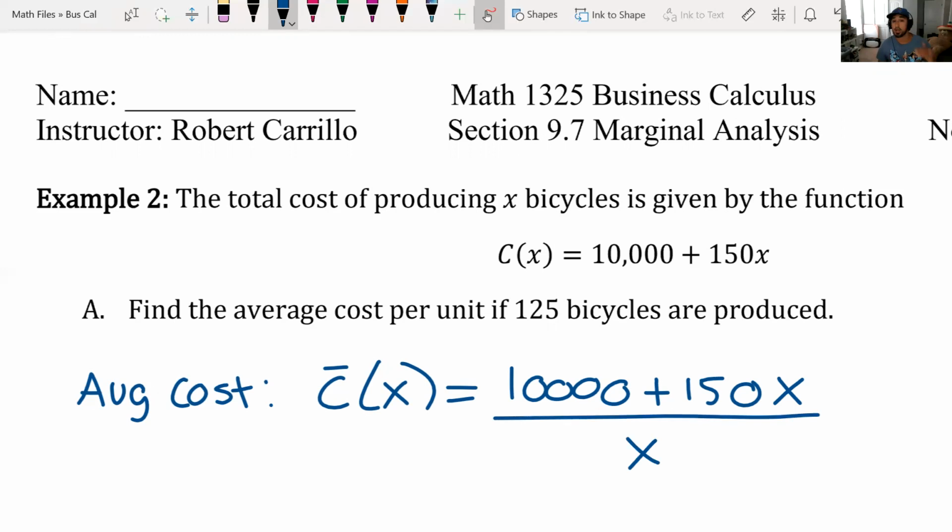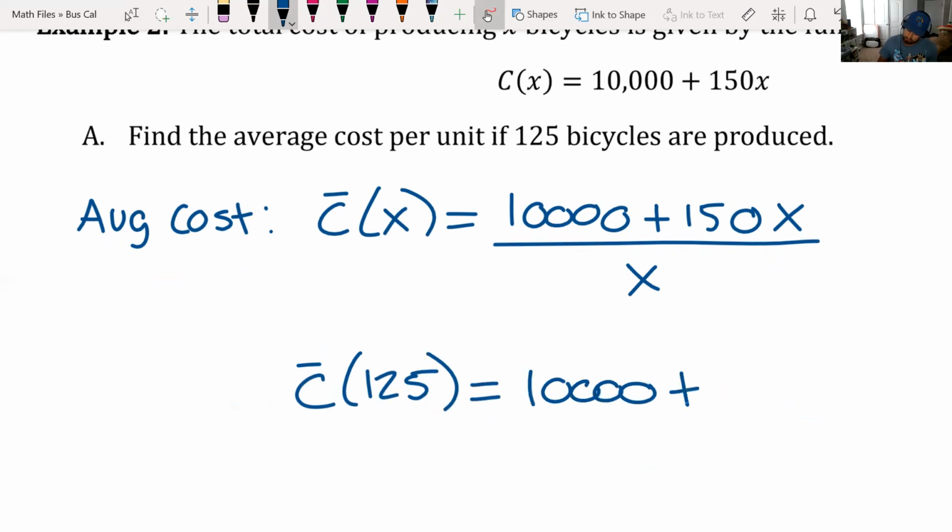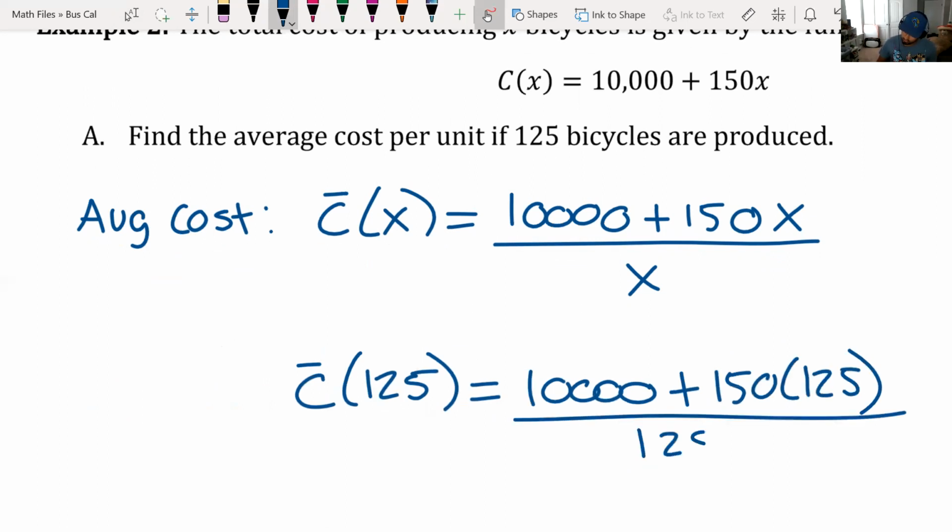So there's the average cost function, and now it wants to know what is the average cost if we produce 125 bicycles. So what we do here is say C bar of 125 and have 10,000 plus 150 times 125 over 125.